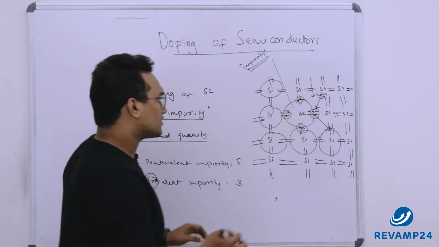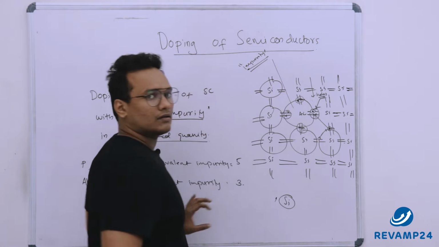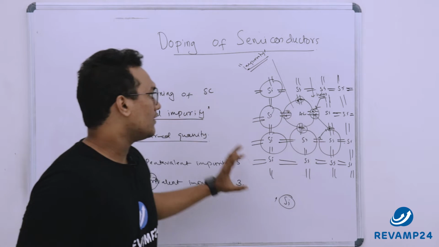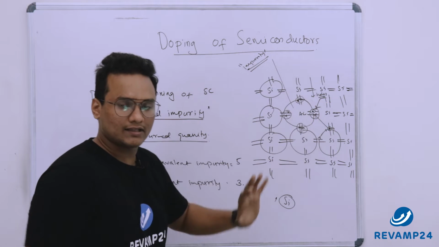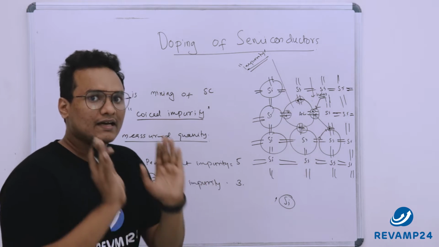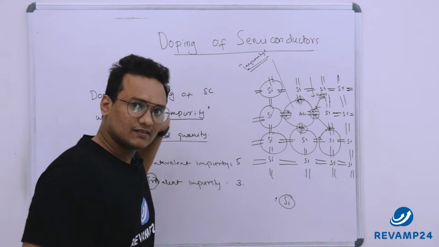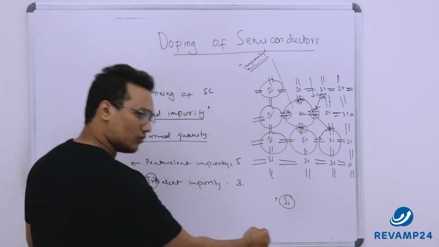All silicon atoms which contribute towards the crystal formation are neutral and the whole crystal is neutral. Intrinsic silicon crystal, made up of only silicon atoms, is neutral. From there I am taking one silicon.